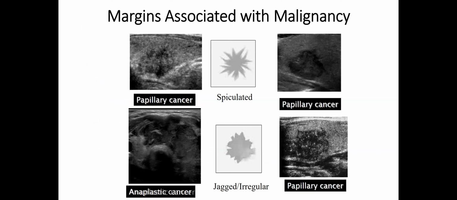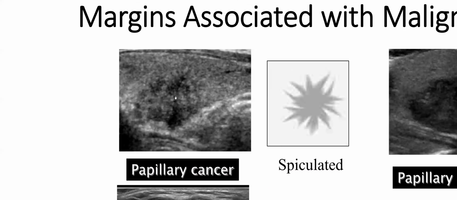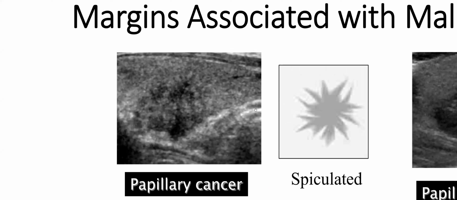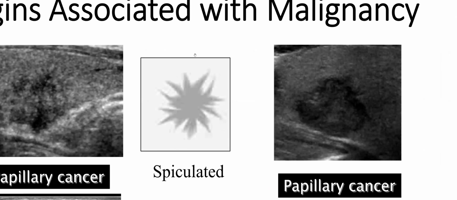Now, these are some classic cases of papillary thyroid carcinomas or other carcinomas, and you can see here this spiculated appearance, which is due to the infiltrative nature of papillary thyroid carcinoma. Here again are the tracheal rings, this is the lobe of thyroid, and you can see this very irregular spiculated appearance of this thyroid cancer, which is very common with infiltrative cancers or papillary thyroid carcinoma.